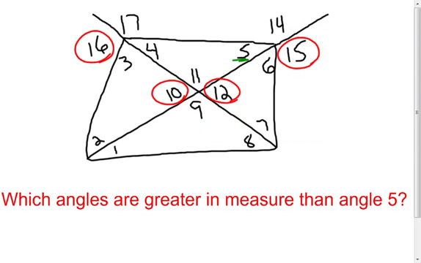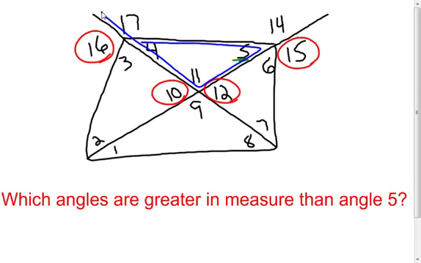Get rid of that. And then I'm also going to look at one more angle. Go back to my angle 5. I'll look at it like this. Angle 17 would be an exterior angle of the triangle that angle 5 is in.